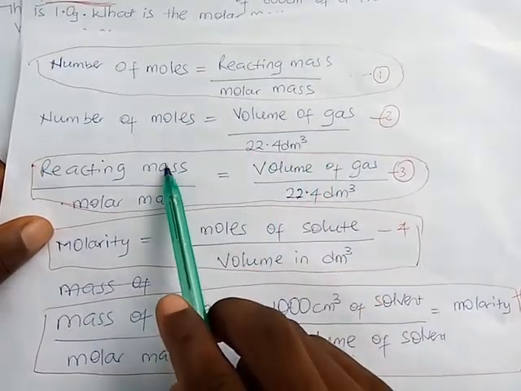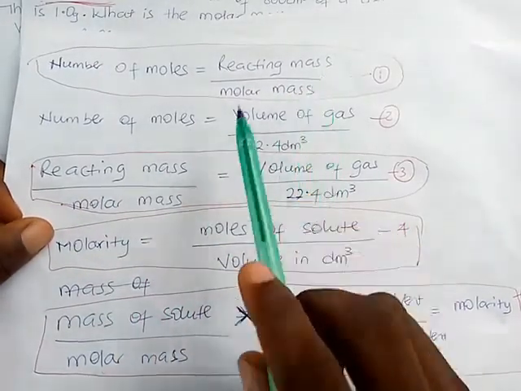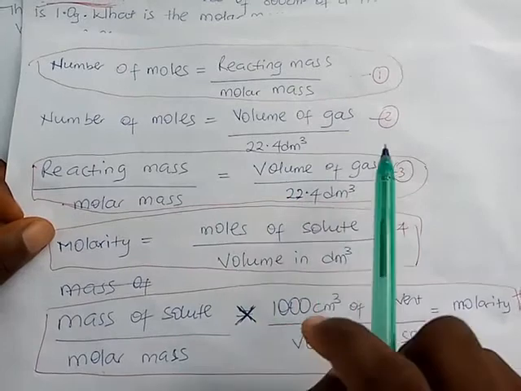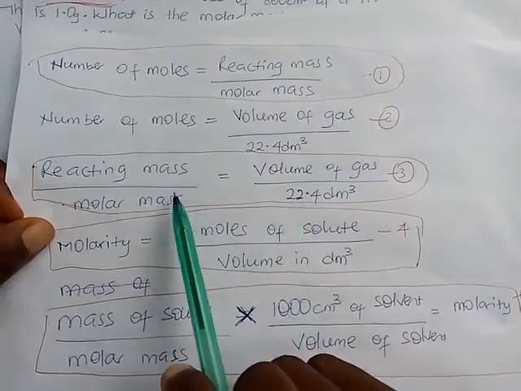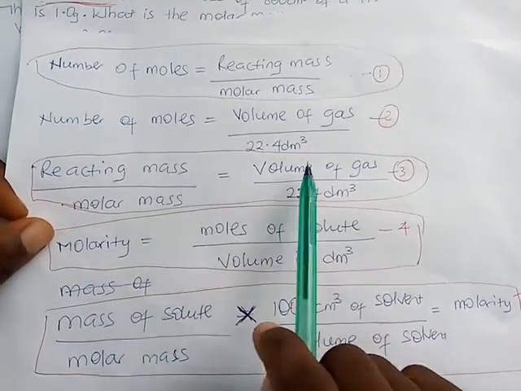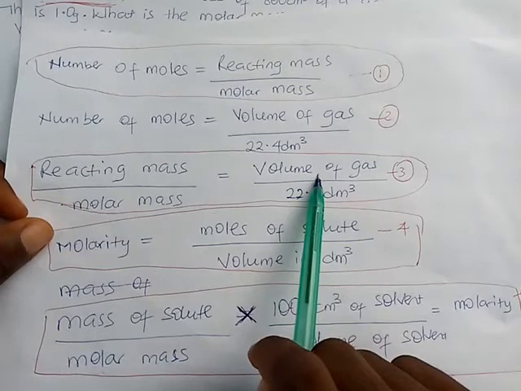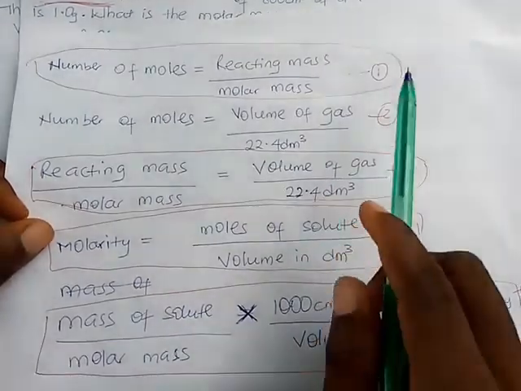And also, I modified it that reacting mass over molar mass, which corresponds to moles, is equal to volume of gas all over 22.4 dm cube. So here we are being asked to obtain the molar mass. We have been given the reacting mass as 1. The volume of the gas has been given as 800. Then we'll have this relationship as the hint.